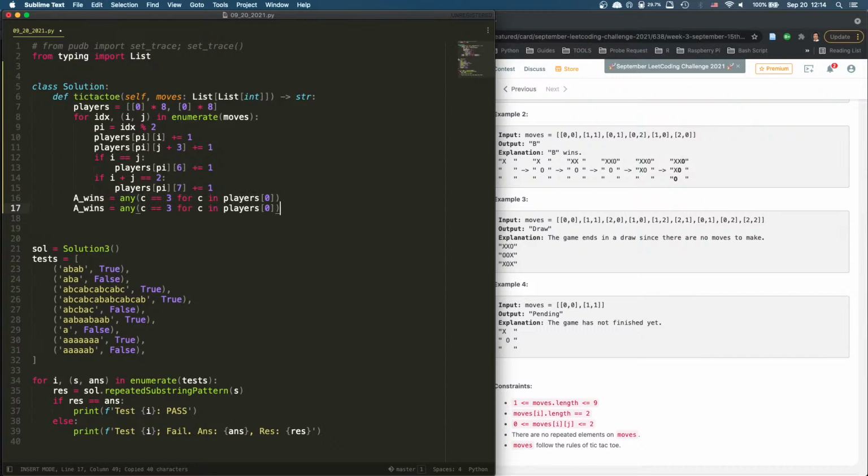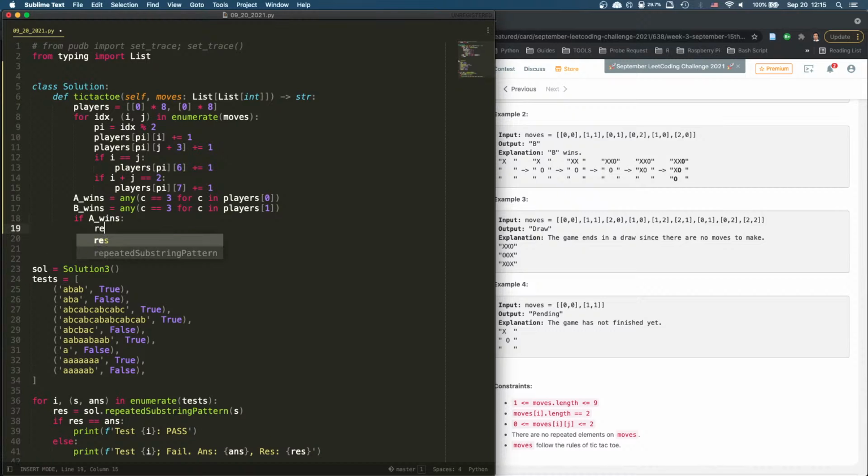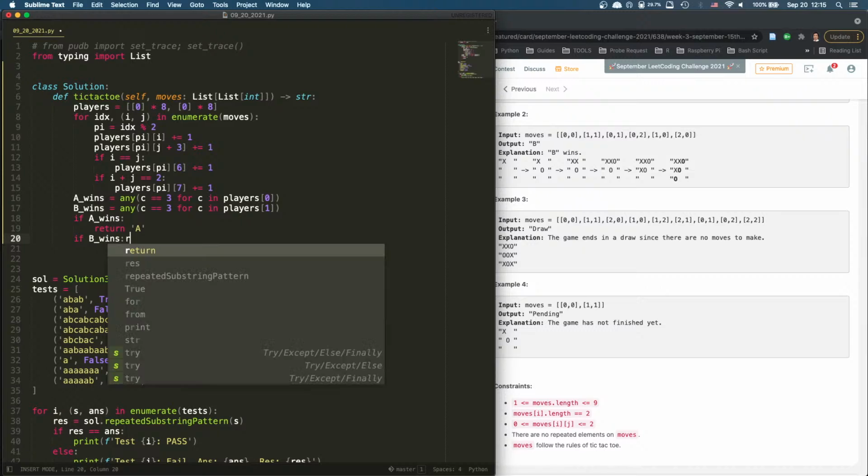And B wins, right? B wins is players[1]. Okay, so I have A wins and B wins. Now I'm going to check if A wins, right? Return A. If B wins, return B.